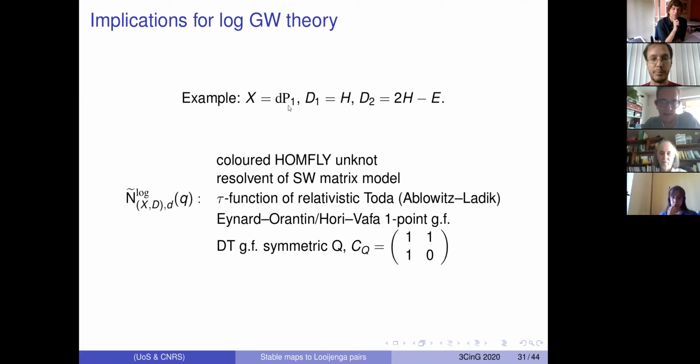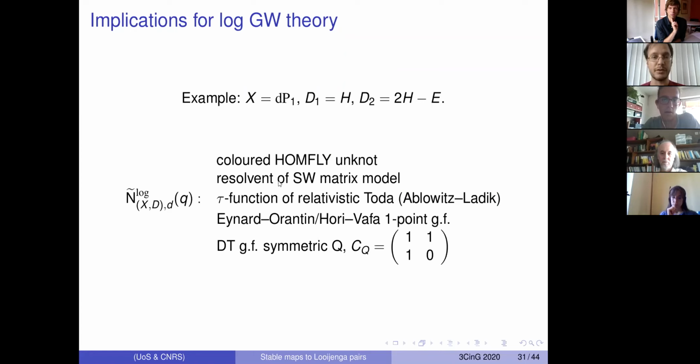up of the plane at one point, you take a two-component case where one divisor is the inverse image of the line and D2 is a smooth member of the linear system given by the union of the other toric divisors. Then the log Gromov-Witten invariants of this pair are simultaneously related to the colored HOMFLY-PT polynomial in a coloring given by the virtual power sum.